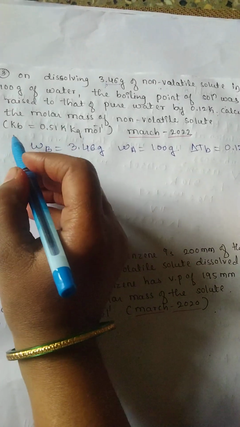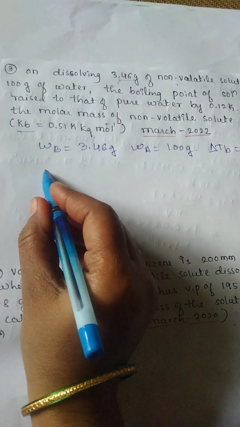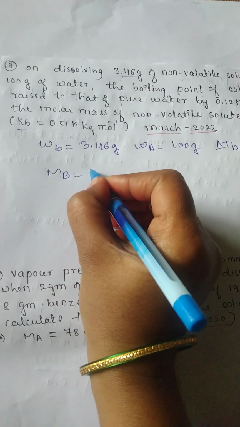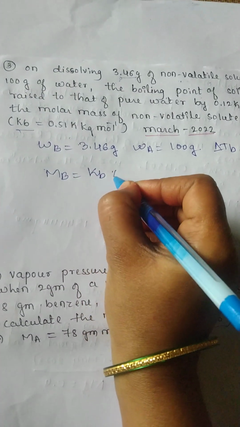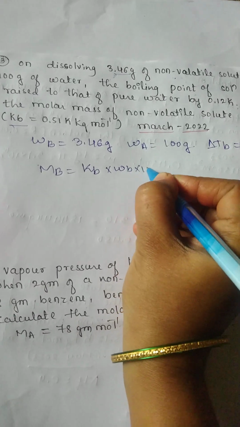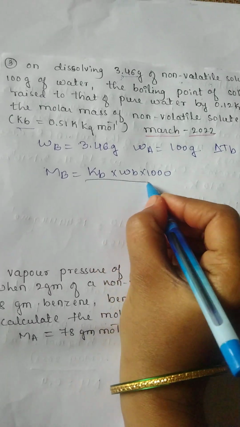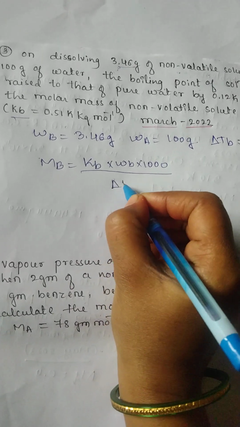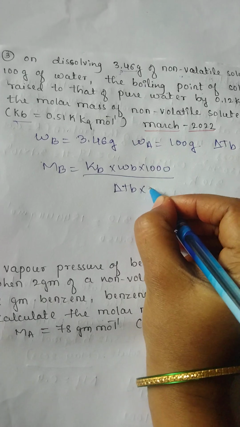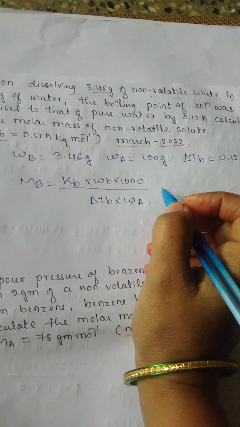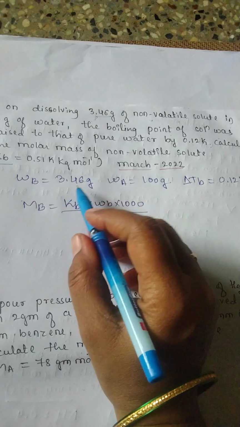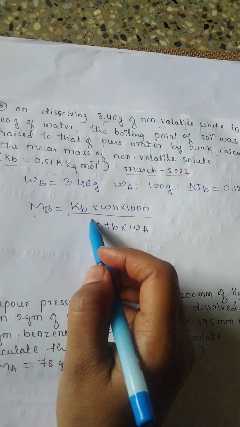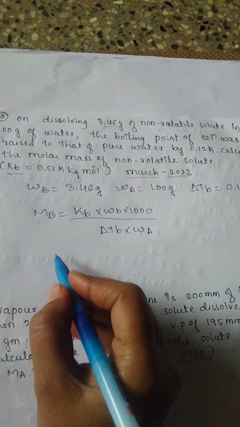So here the KB is given. Now write the formula. MB is equal to KB into WB into 1000 divided by delta TB into WA. Okay, here we have to find out the molar mass of the non-volatile solute. All these are given things.